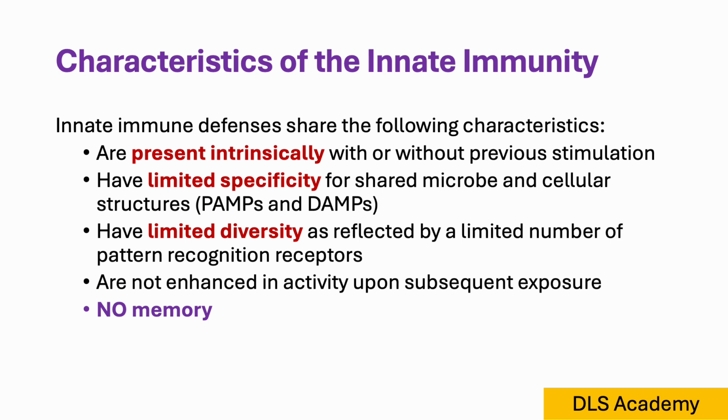The other thing that puts innate immunity at a disadvantage over the adaptive immune response is that there is no memory. Every time the innate immune response sees the pathogen, it is going to respond with the same amount of vigor as it did initially.